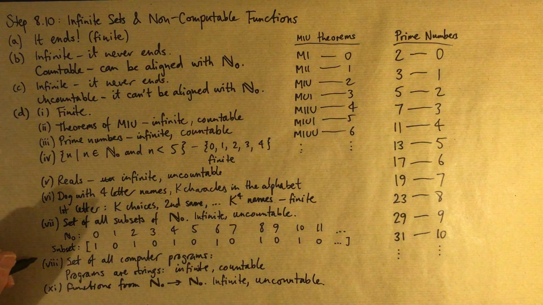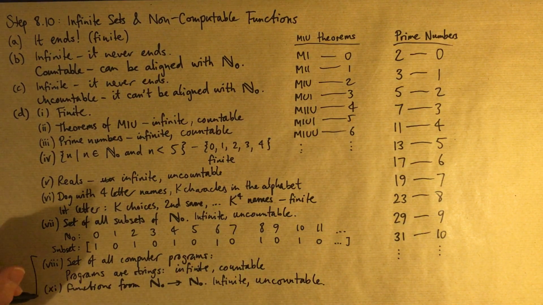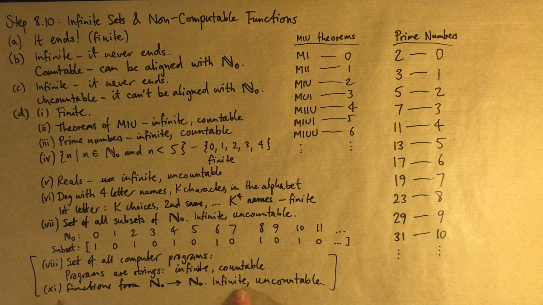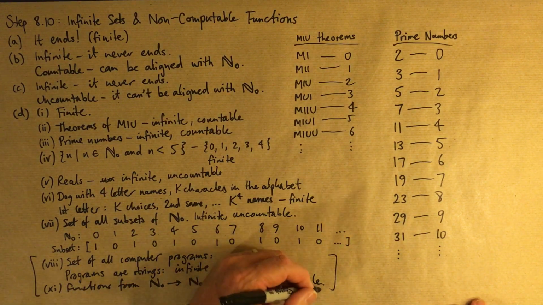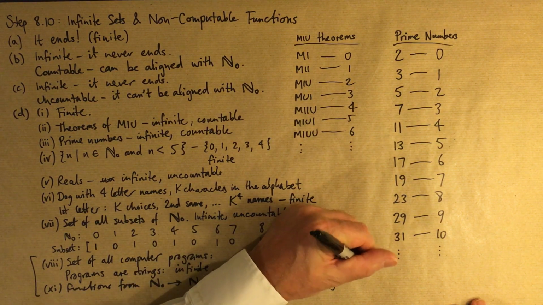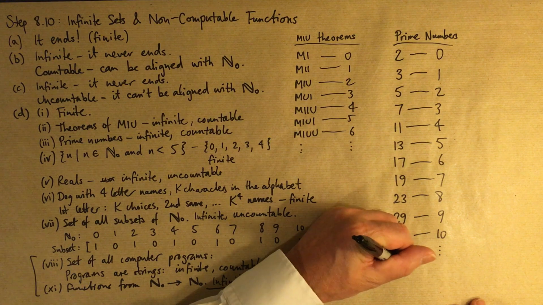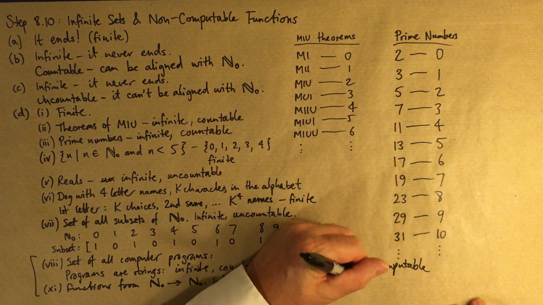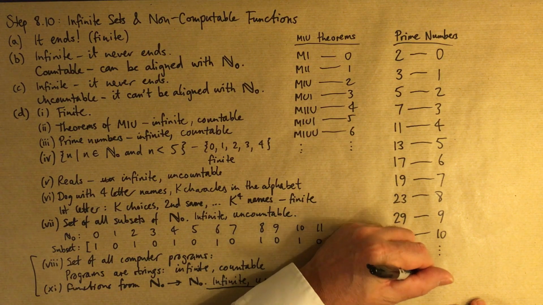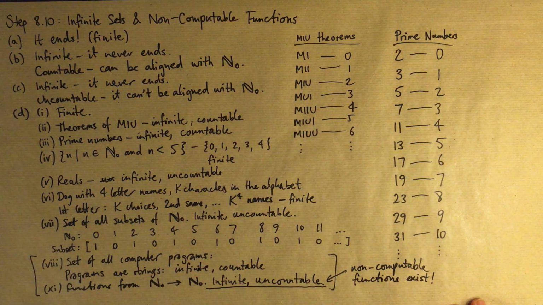What this means is that these two facts taken together, the fact that the computer programs are infinite and countable, but the number of functions that you might like to have from n0 to n0 is infinite and uncountable, means that there are such things as non-computable functions. So non-computable functions exist. That's the ramification of those two sets there.